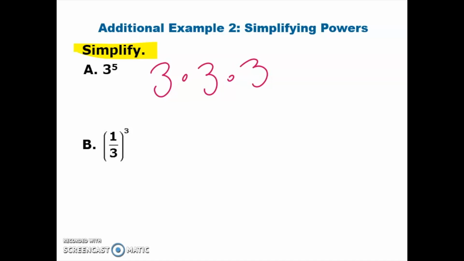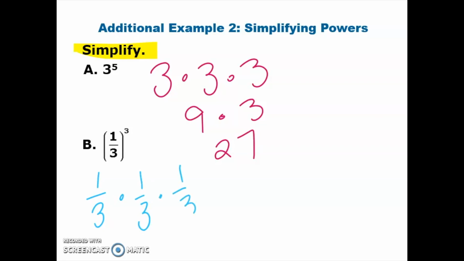And we would physically multiply that out. So 3 times 3 is 9, and 9 times 3 is 27. Same thing works for the fraction. So for example B, this would be 1/3 times 1/3 times 1/3. So we would end up with 1/9 times 1/3 is 1/27.